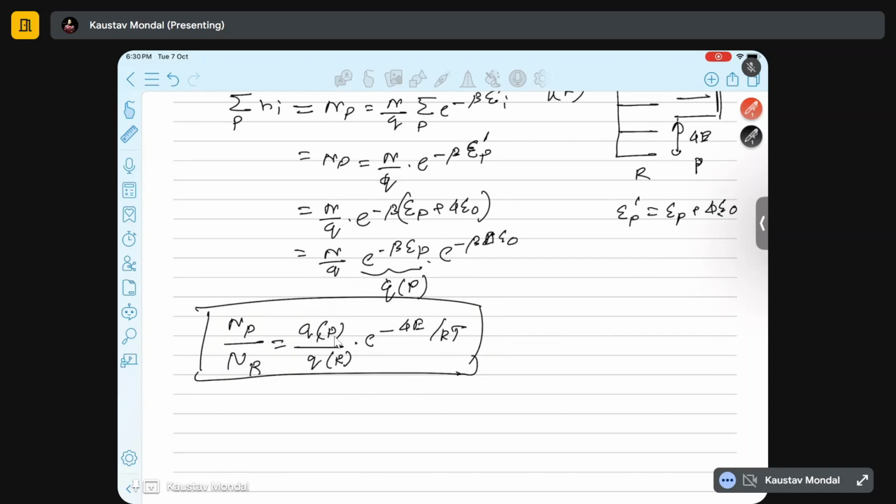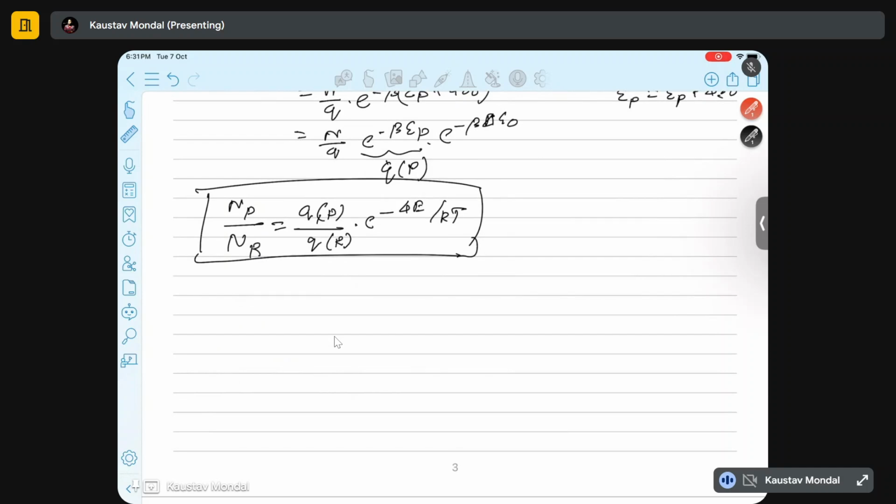Since we got the expression of NP by NR, the next step is that we want to write the equilibrium constant in terms of the partition function.